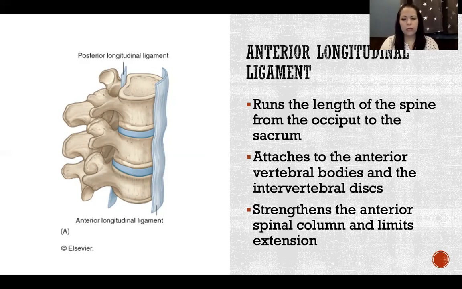It's a passive, or inert, restraint, meaning that it doesn't produce force. It limits the amount of mobility into extension. If we start going into hyperextension, we'll be limited by how much flexibility this ligament allows.